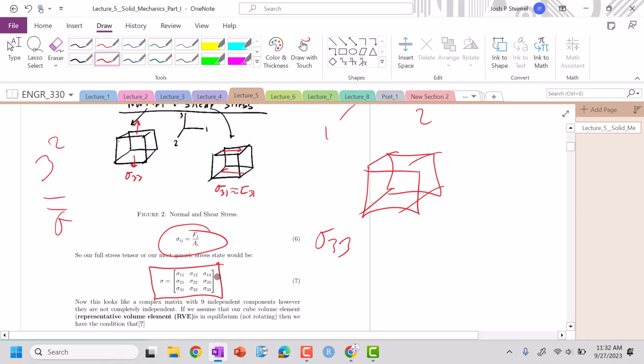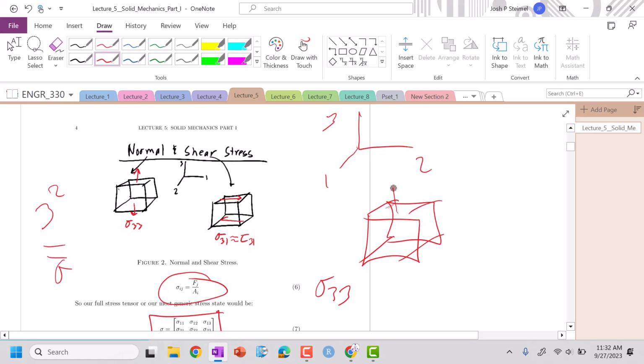So my stress in the 3,3 direction: again, i is the normal to the plane that it's acting on. In the 3 direction, that would be the normal to this plane. So we know we're acting on this plane. 3 is the direction, so it'll also be in this direction, and we're pulling essentially simultaneously here. So this would be my sigma 3,3.